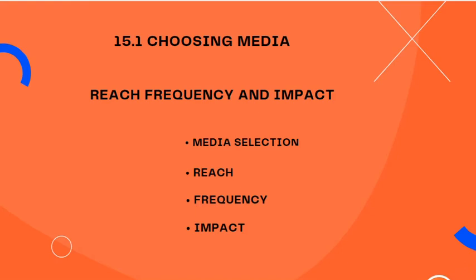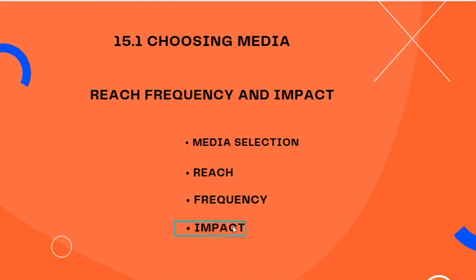After choosing the message, the advertiser's next task is to select the media to carry it. The steps are: deciding on desired reach, frequency, and impact, choosing among major media types, selecting specific media vehicles, and deciding on media timing and geographical allocation.